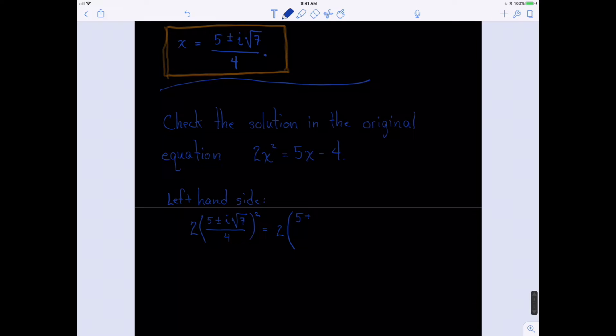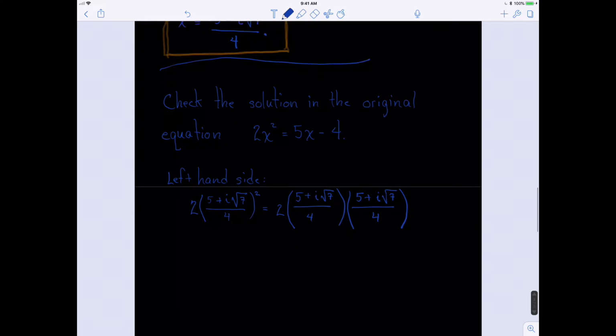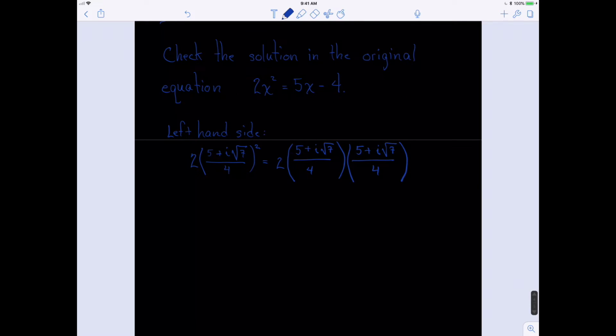Oh, I'm sorry, we're going to just deal with plus. You'd want to recheck for the minus solution, but usually if you have one, the other should follow. So 2 times 5 plus i times the square root of 7 over 4, times 5 plus i times the square root of 7 over 4.